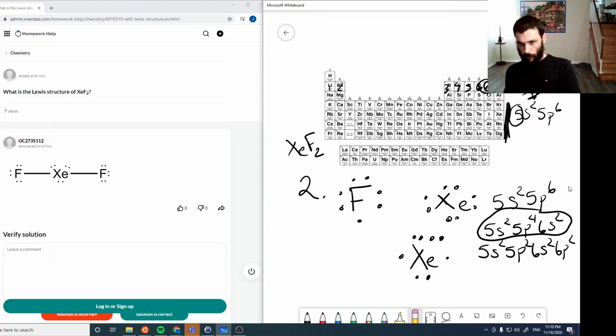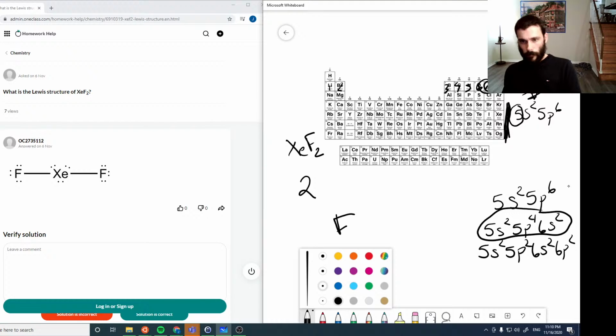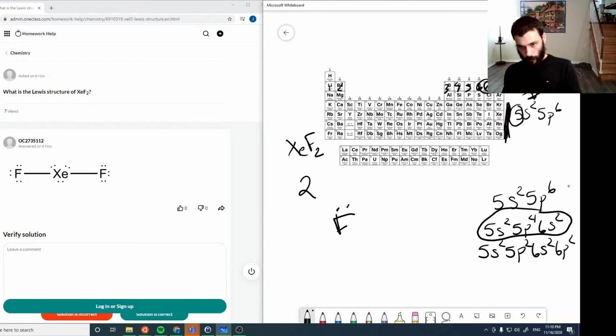And so if I clean up a bit of space here, we have our fluorine with that, and our xenon in the middle. And clean up a bit more.